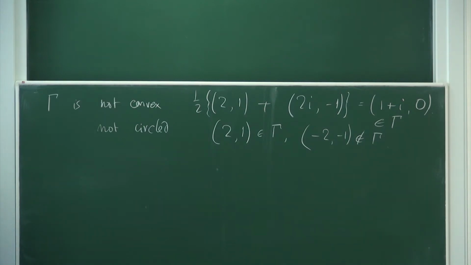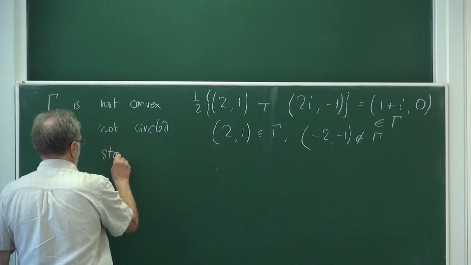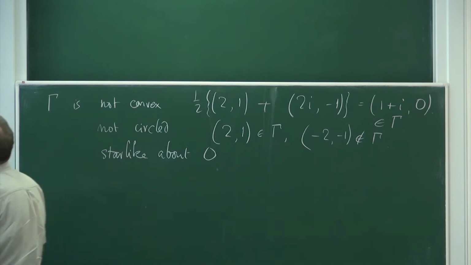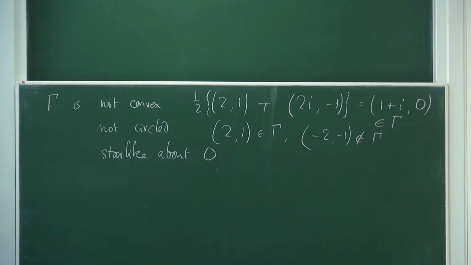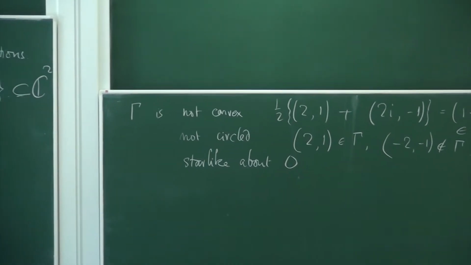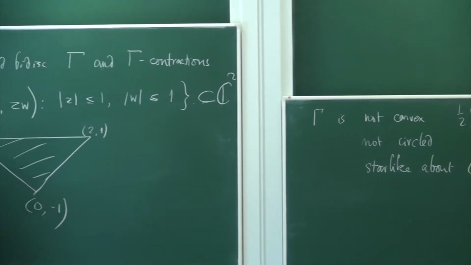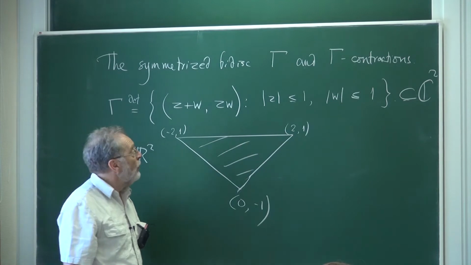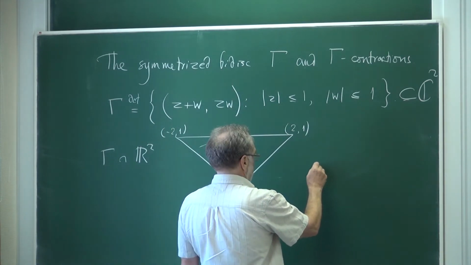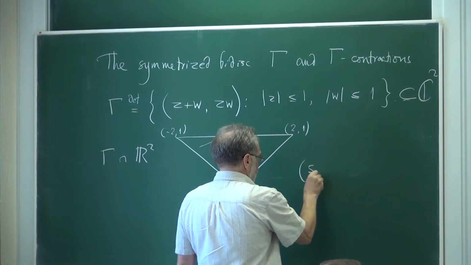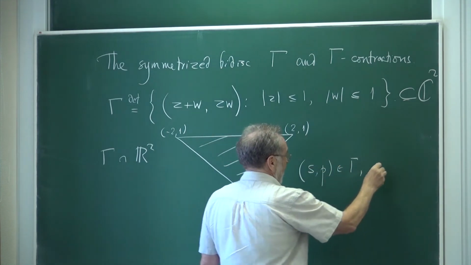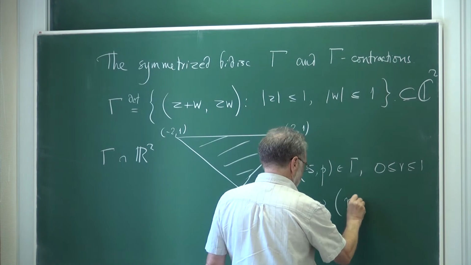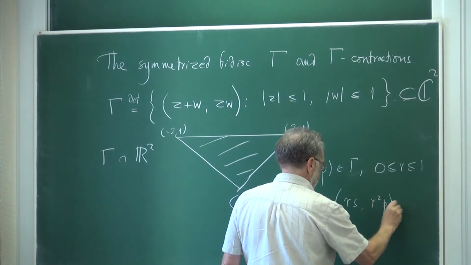It is star-like about the origin. So it's immediate from the definition that if you take a point in gamma, so if z and w are both in the closed unit disk, and you multiply by some number r between 0 and 1, then, suppose you've got (s, p) in gamma, and 0 less than or equal to r less than or equal to 1, then it's obvious that (rs, r squared p) is in gamma.